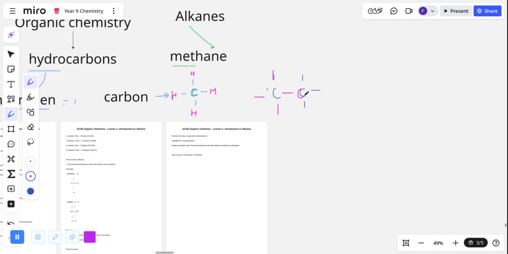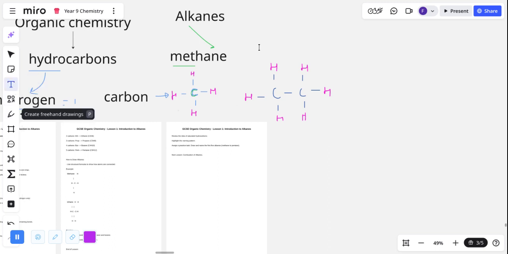My second carbon here has got 1, 2, 3, 4. And the outside is going to have the hydrogens. And if you look very carefully, each one of these bonds must be attached to something. It can't float around doing nothing. Right? Now this is a 2-carbon alkane, and this is called ethane.